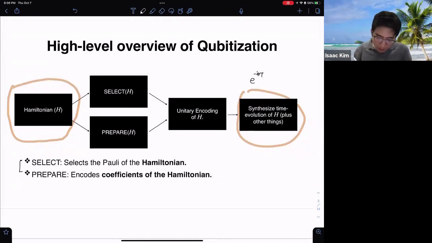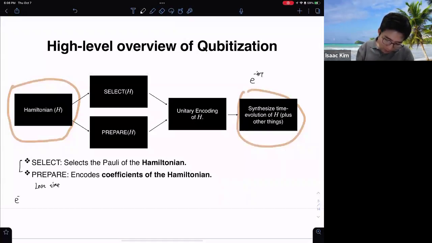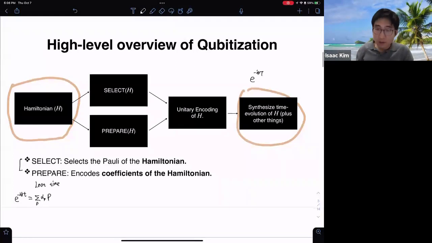Select does the following. It will be good to compare what we did last time and what we're going to do this time side by side. Last time, given a Hamiltonian and some sufficiently small time t, we expanded this as a linear combination of unitaries.